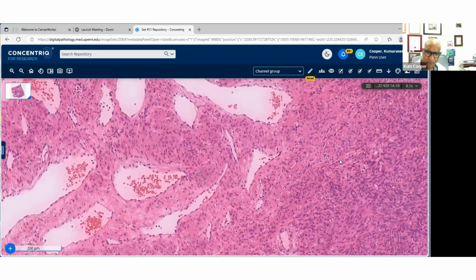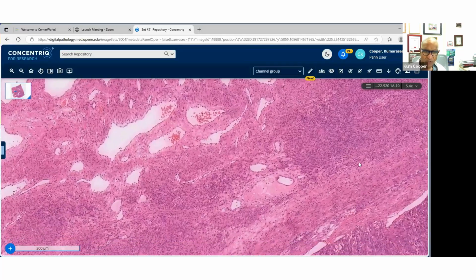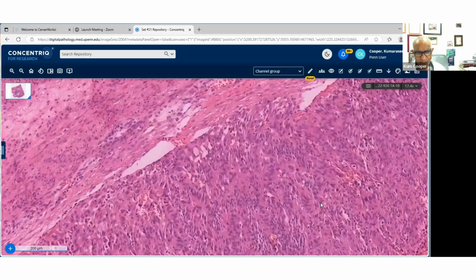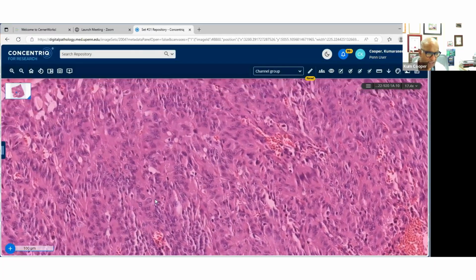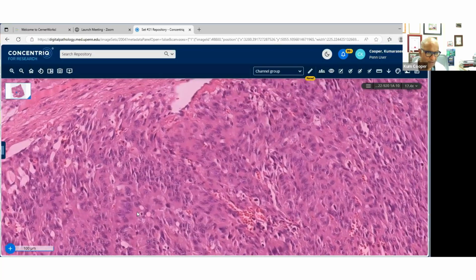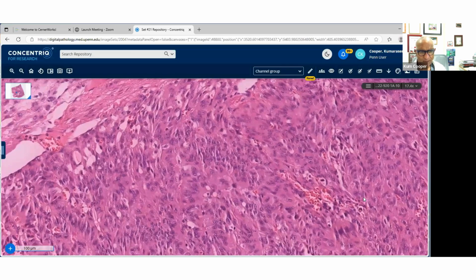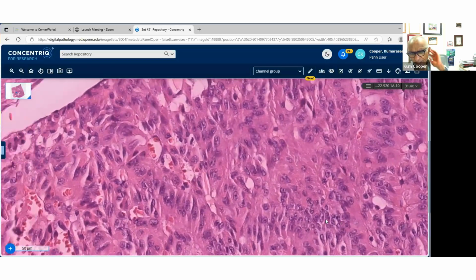We called it a PEComa, or a PEComa as some people call it. Just to show you some more cellular areas and more epithelioid-looking cells here as well, and by definition, myomelanocytic in its profile. Okay, just to show you some of these areas here as well, myomelanocytic and more plump and eosinophilic in these parts.